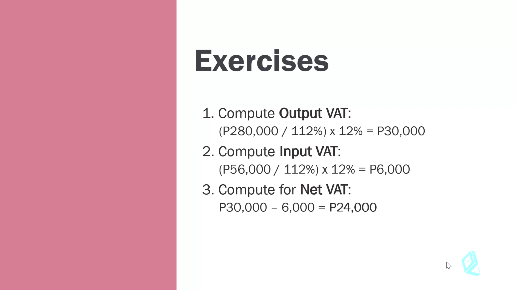All right, so I know it's a little bit complex right now, but don't worry. It's quite easy actually when you're already in practice. But that's something that you have to remember. By the way, when you are also pricing your product, it should always be inclusive of VAT.